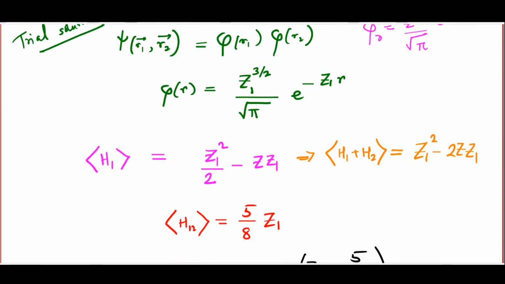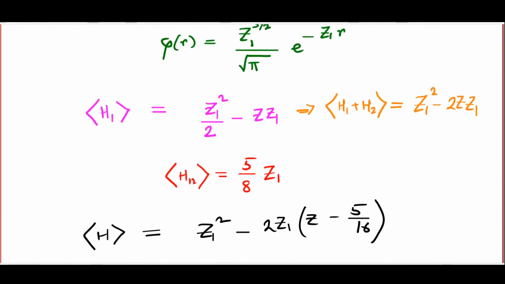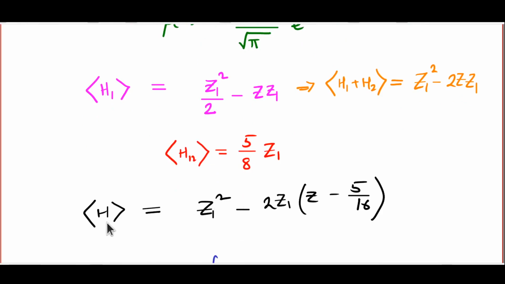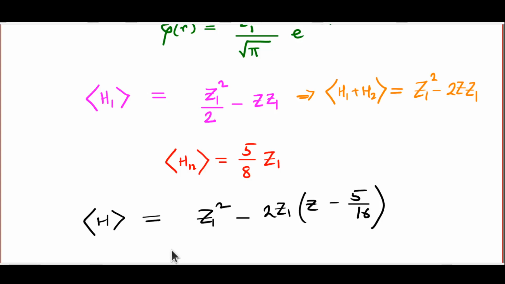But when you combine all of these things together, what you get is that the expectation value of H for our trial family of wave functions turns out to be Z1 square minus twice Z1 into Z minus 5 by 16. And once we write the energy expectation value in this form, it is easy to see that its minimum value is achieved at Z1 equal to Z minus 5 by 16.